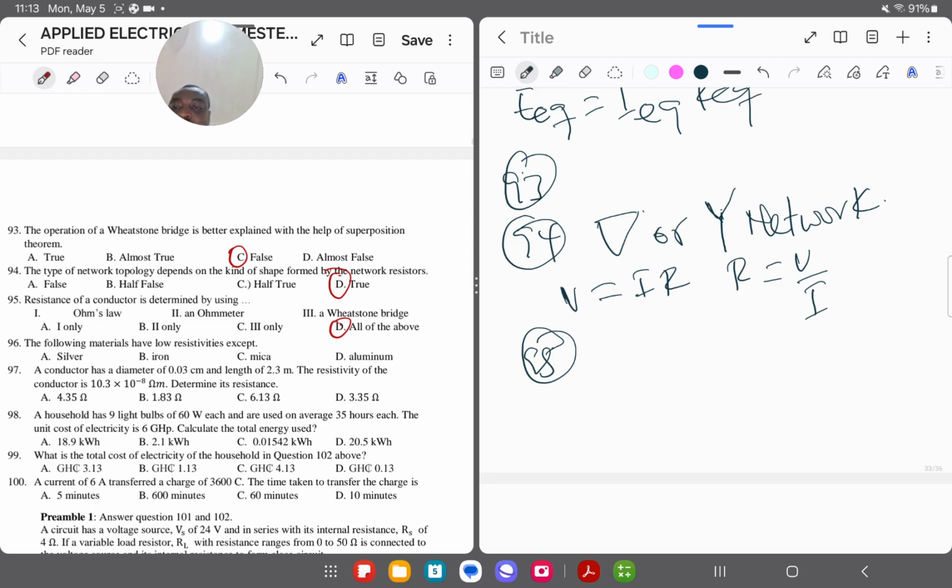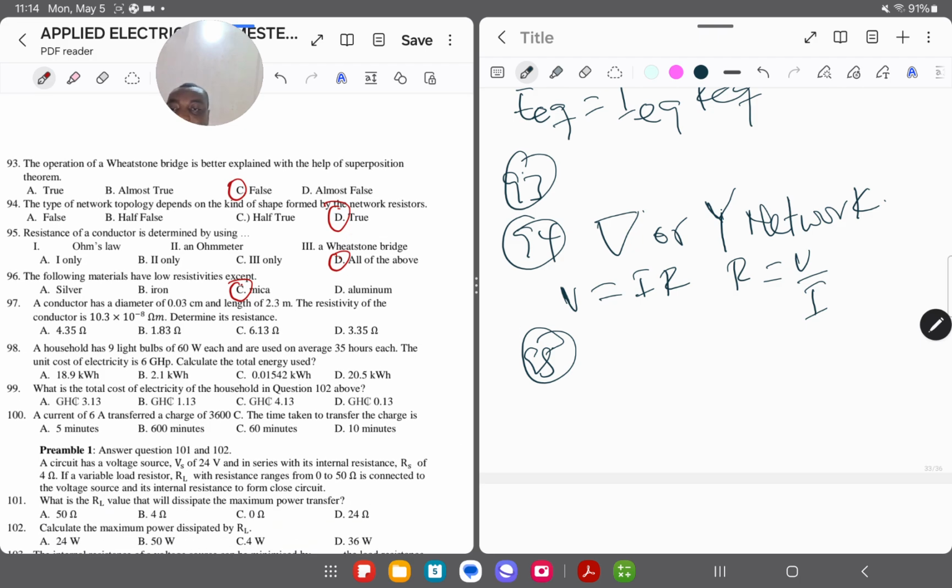The same for B, which is iron, also around 10 to the power minus 8. Then we have mica. Mica is an insulator, actually. So that one is going to be the answer. D is aluminum, which also has a very low resistivity. That is why silver, iron, and aluminum are good conductors of electricity, because they have low resistivity. So the answer here is C.